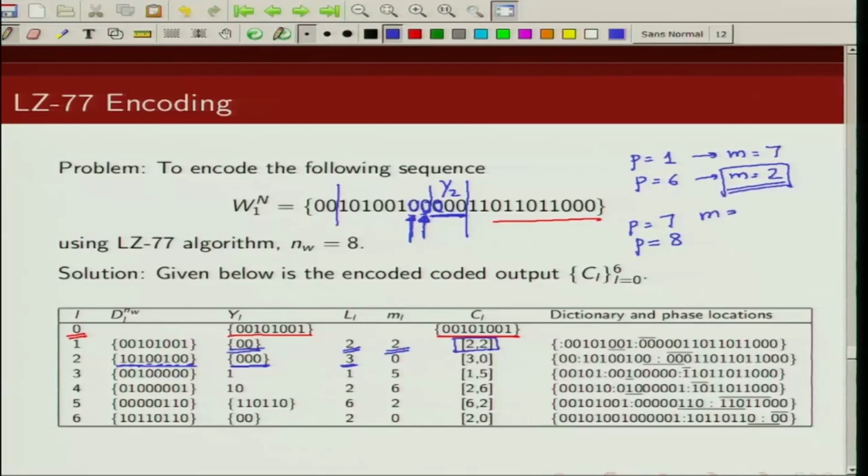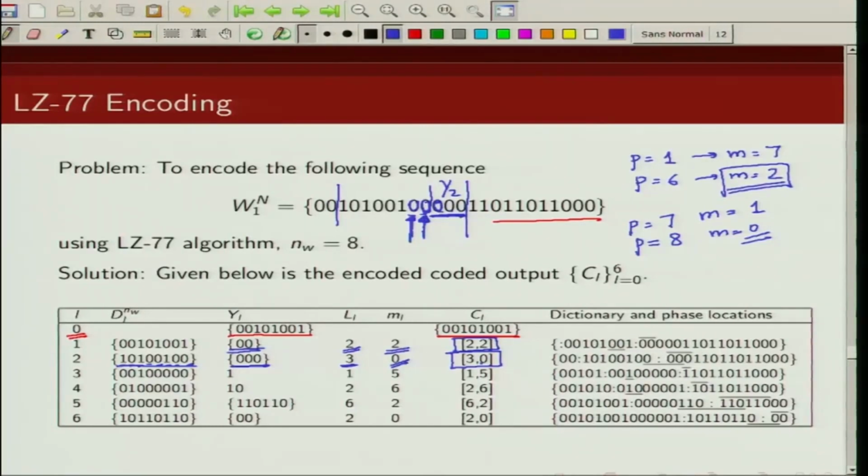So m is either 1 or 0. As I said, we take the smallest m, so we take m to be 0. So corresponding to the string y2, we have a length of 3 and location m given by 0.